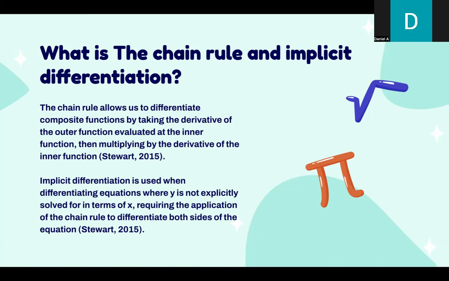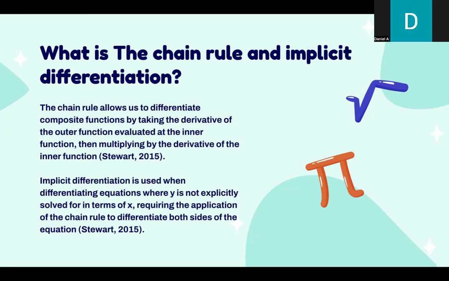Implicit differentiation is used when differentiating equations where y is not explicitly solved in terms of x, requiring the application of the chain rule to differentiate both sides of the equation, which is also from Stewart 2015.